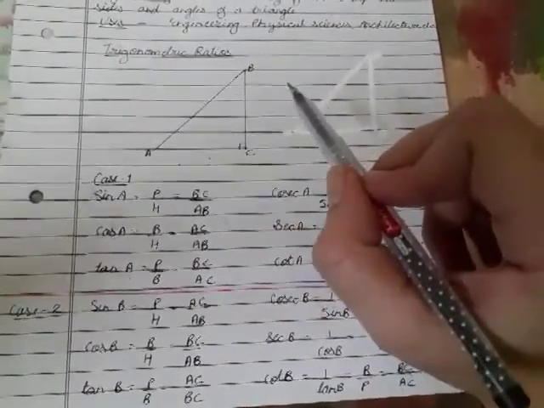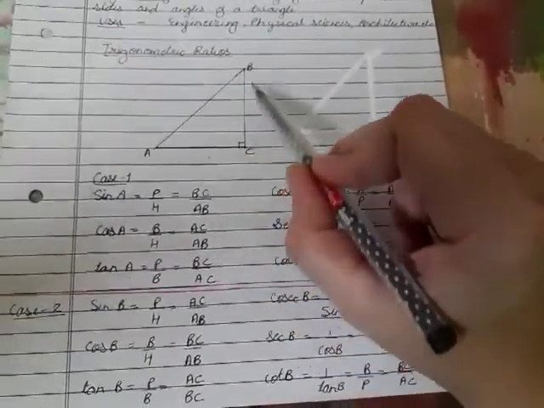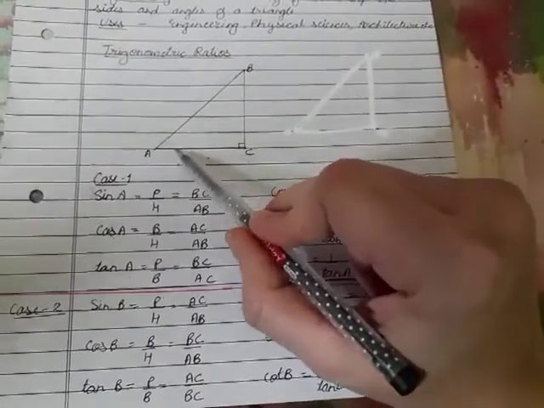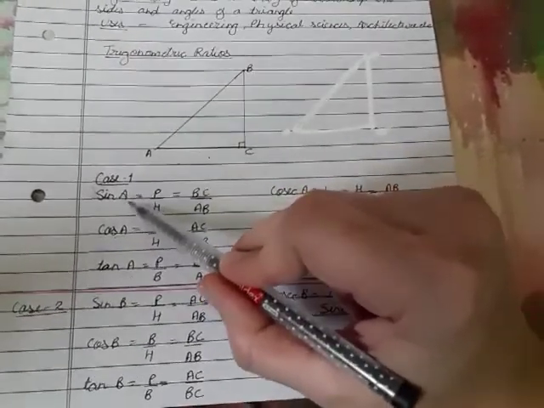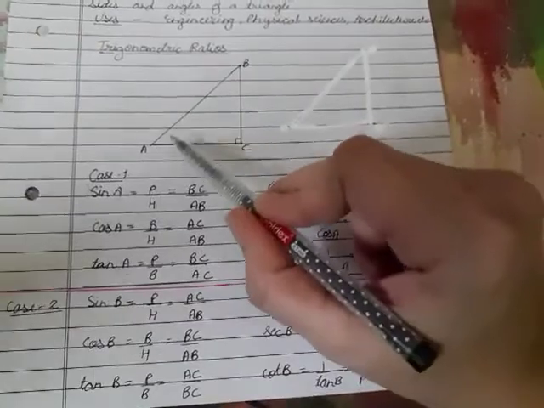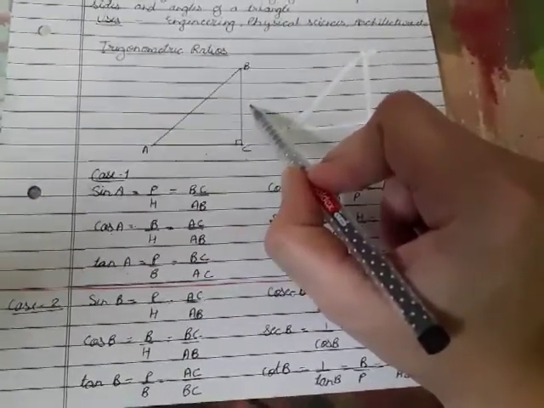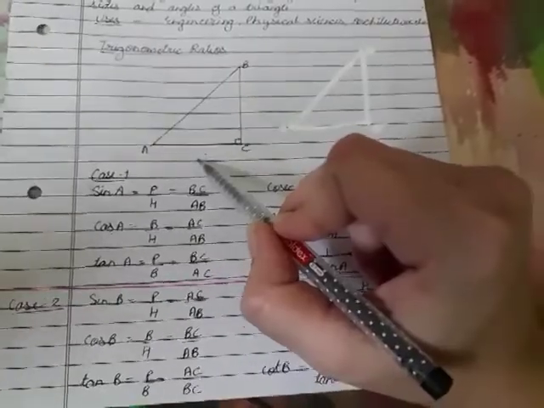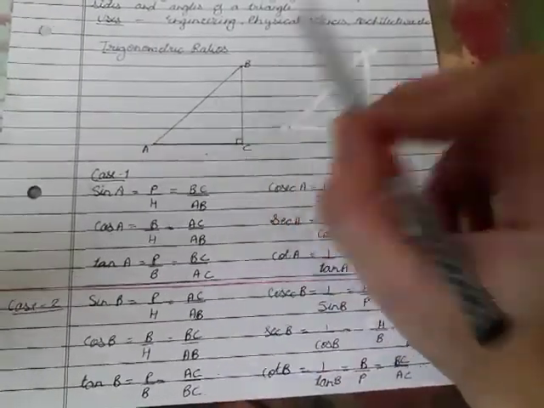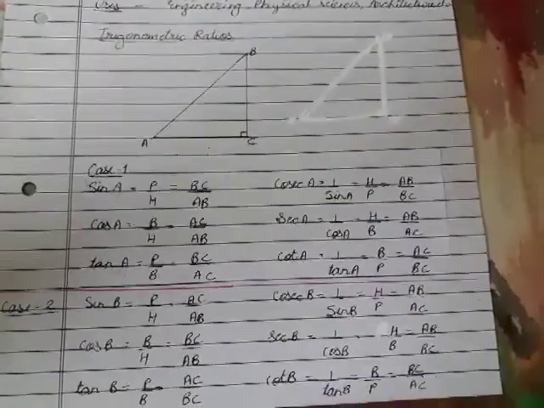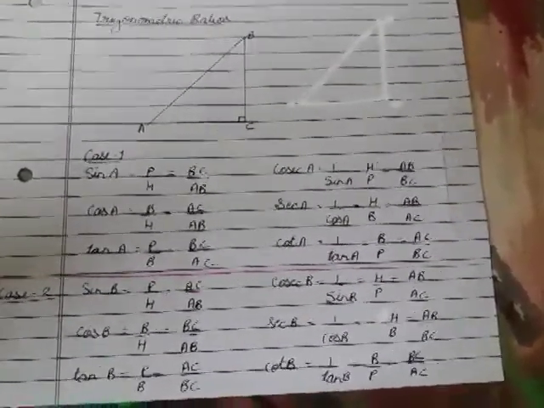I am repeating once again, the side which is opposite to the angle, whichever angle we are taking in our ratios, that side is taken as perpendicular. The other one becomes base, and we know that hypotenuse is the longest side of a right triangle. So hypotenuse always remains fixed, but perpendicular and base keep on changing.